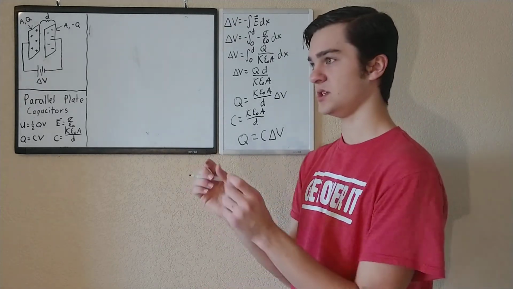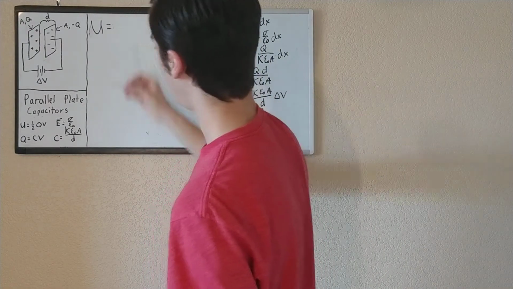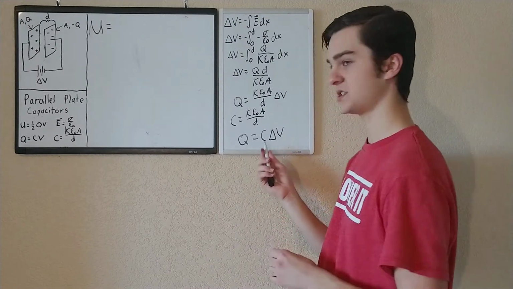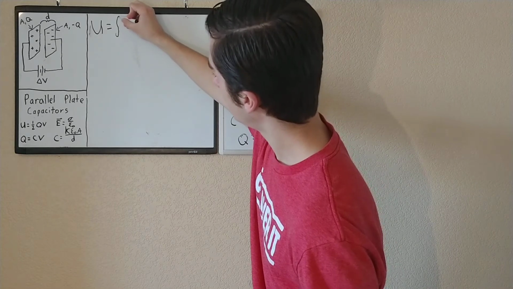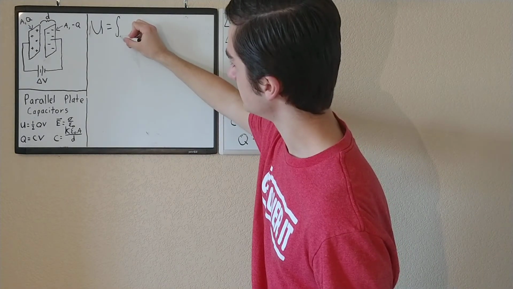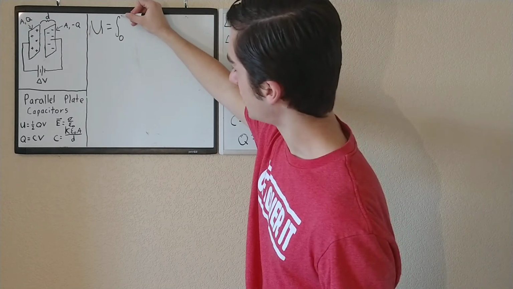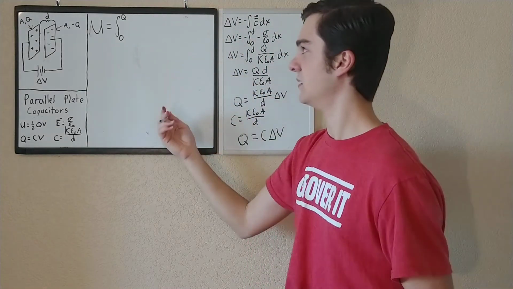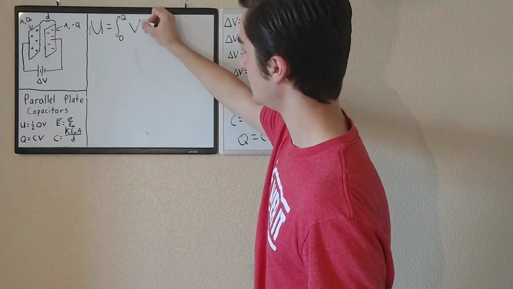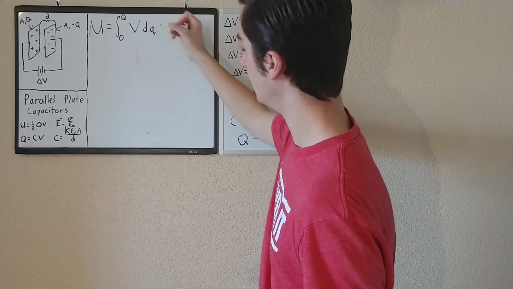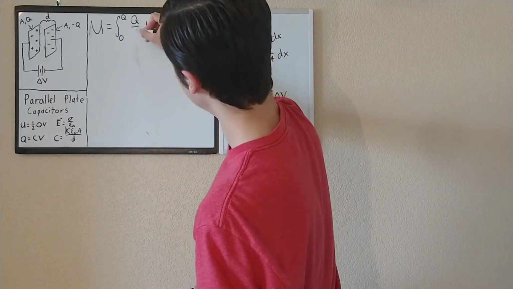So, knowing that the energy is our voltage times our charge, we can say it's the integral from the charge equals 0 to the charge equals our Q max, because we're imagining these tiny little charges leaving, of the voltage times dq. And the voltage is Q over C, so we get Q over C.